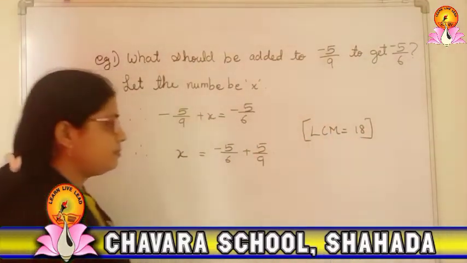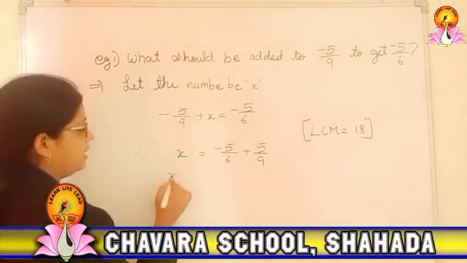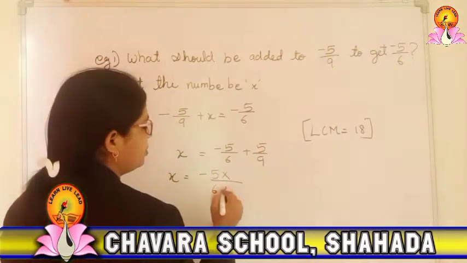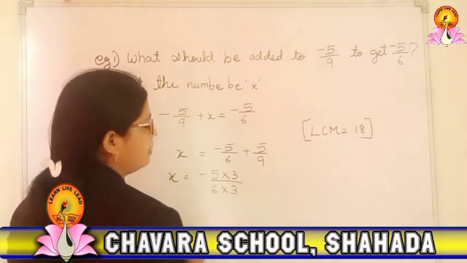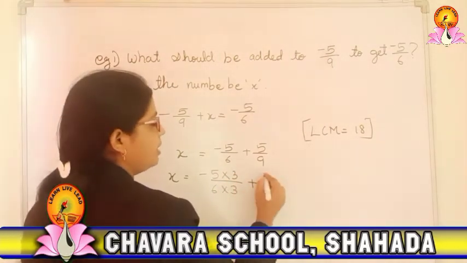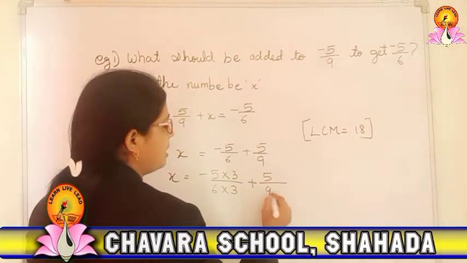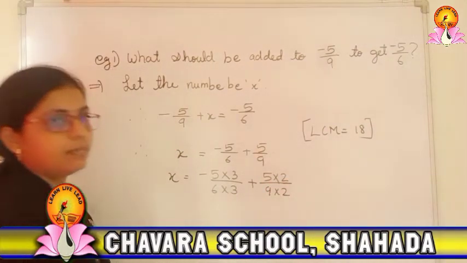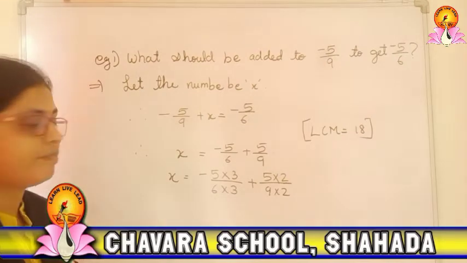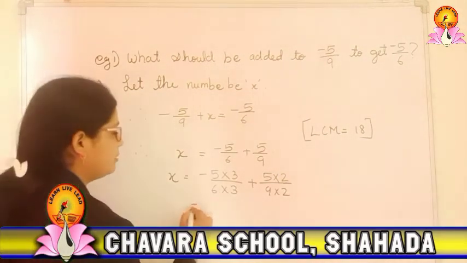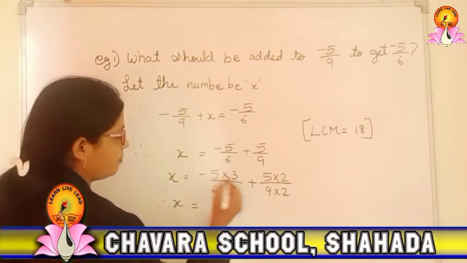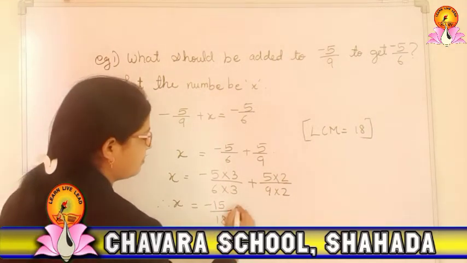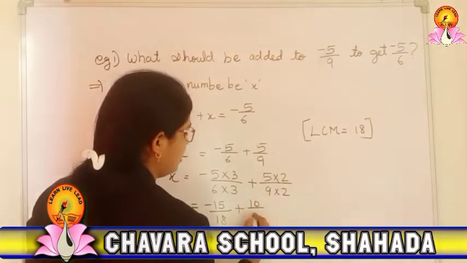Right? Now after finding the LCM we can make the denominators equal. So 6 into 3, and the same number I will multiply to the numerator. Plus 5 upon 9 multiplied by 2, and the same multiplied to the numerator. Now find the answer. 5 threes are 15, the sign will be negative as it is, plus 10 upon 18.